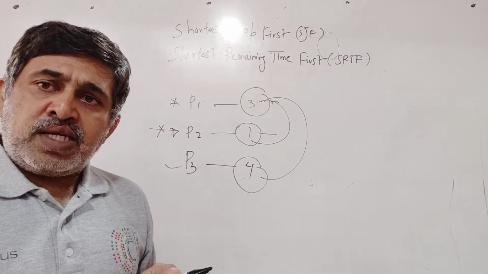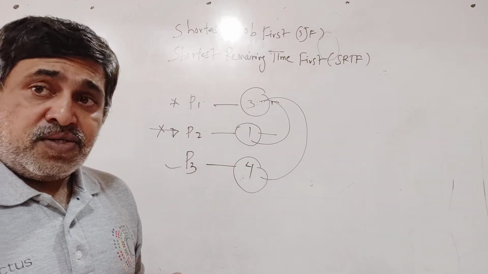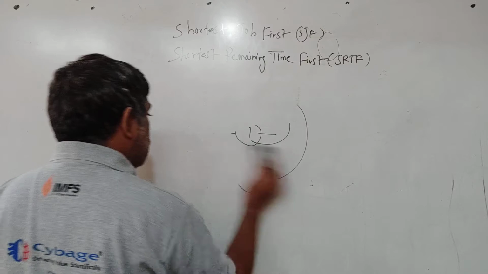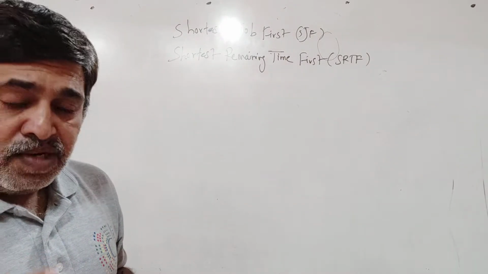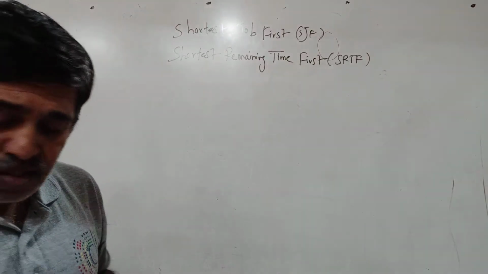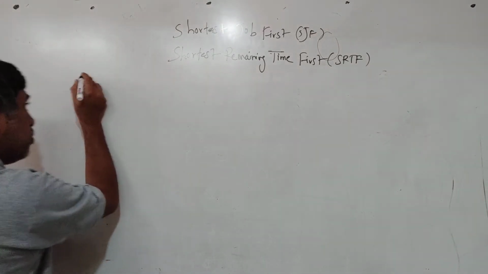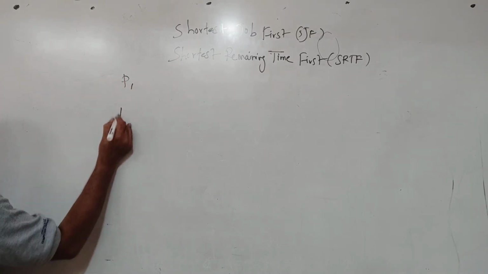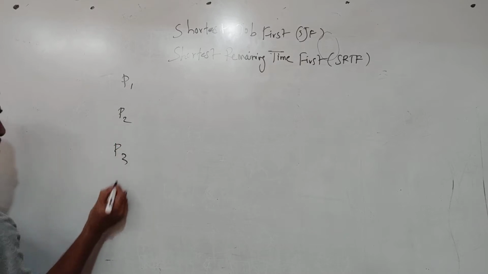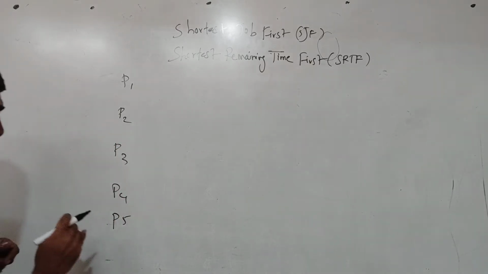Let us try to solve one example very quickly and see how actually it functions. So let's draw a table with some details regarding the process. Let us consider 5 processes: P1, P2, P3, P4 and P5.